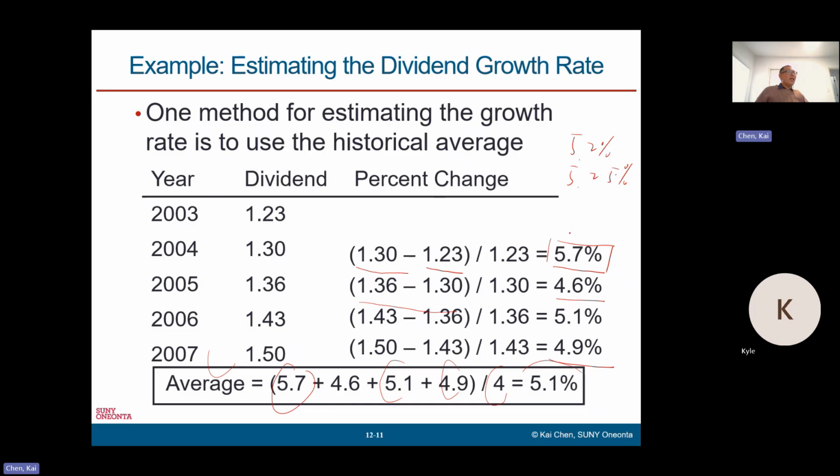If you predict in the future dividend may be slowing down, then you can use 5%. So this is one point that I like to emphasize. After we use the historical average, we cannot simply apply it to predict the future dividend growth rate. We have to make an adjustment based on our prediction about the future.